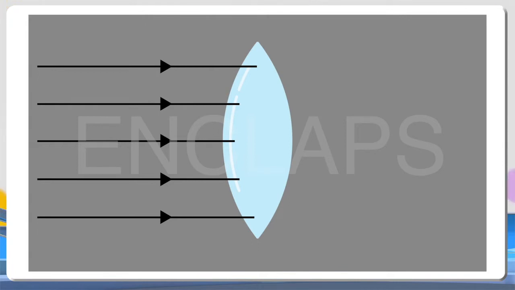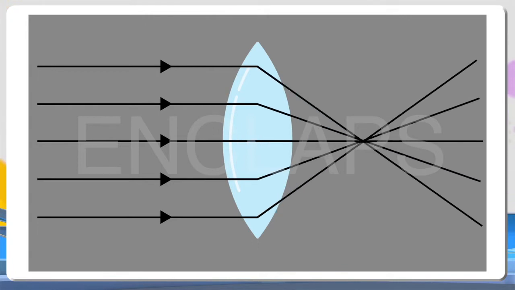After refraction, you can see the rays converge at a particular point on the right hand side of the lens. Therefore, a convex lens converges the light rays. The point of convergence is called the principal focus. It is denoted by the letter capital F.